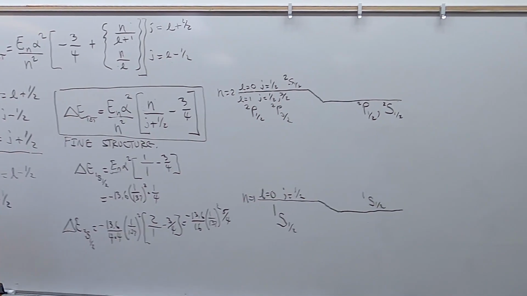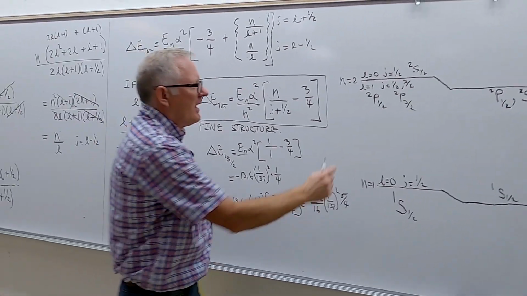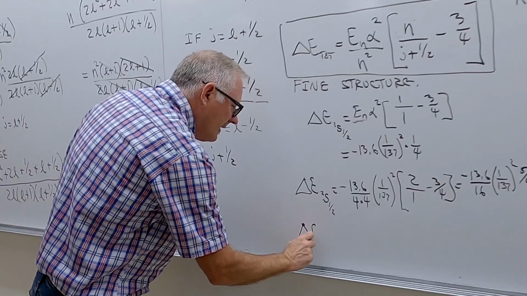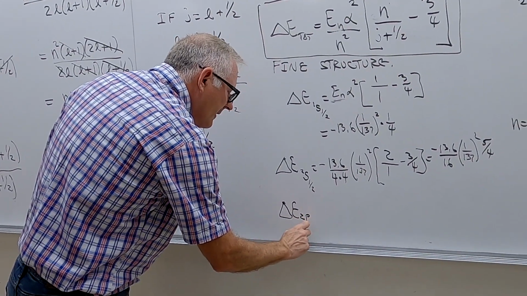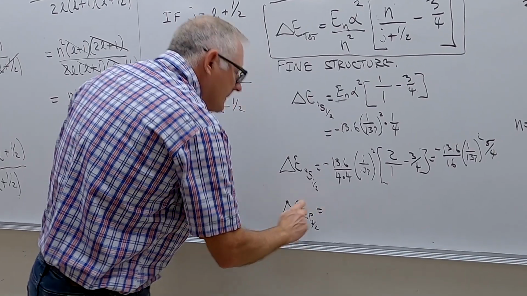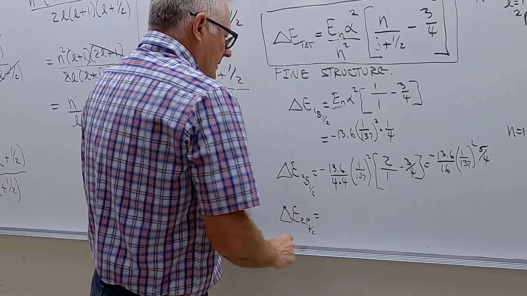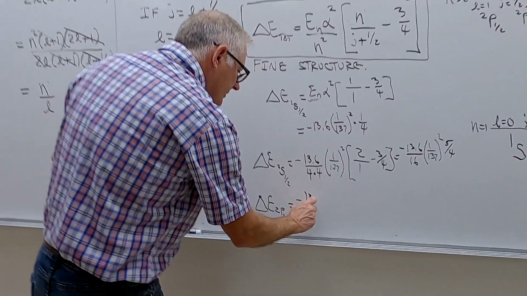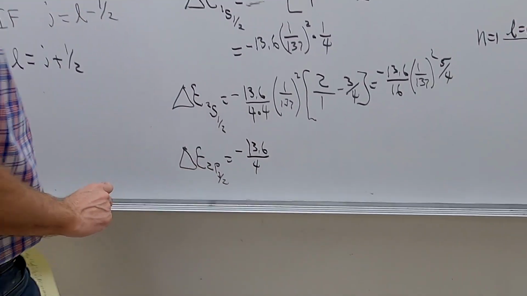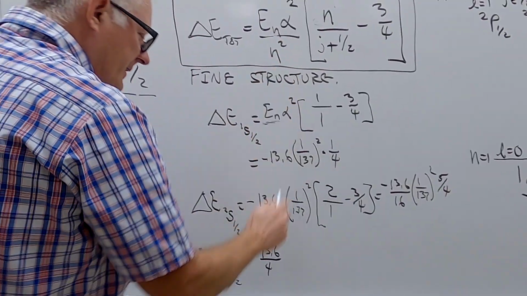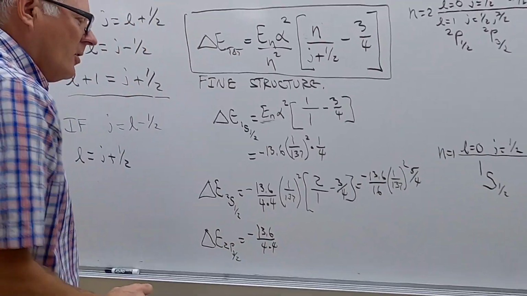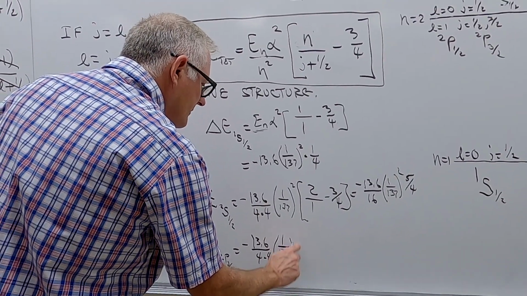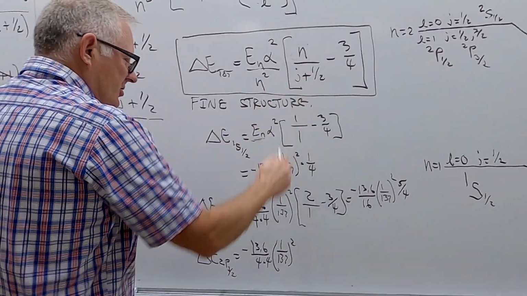Okay. Now if we look at the other state, we also had the 2p 3/2. So the delta E for the 2p 3/2. Well, let me see. This one right here, it's still n is 2, so it's minus 13.6 over 2 squared. We still have the 2 squared there, so we have the other 4. We have the 137 squared, 1 over 137 squared. N is 2.